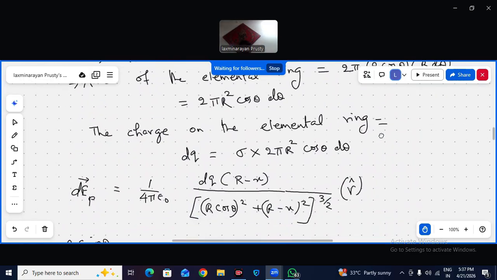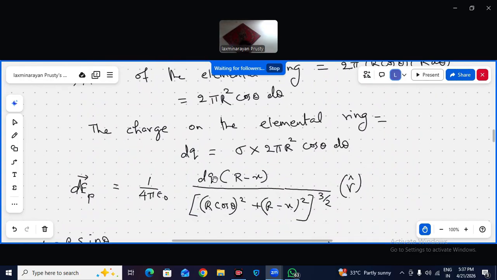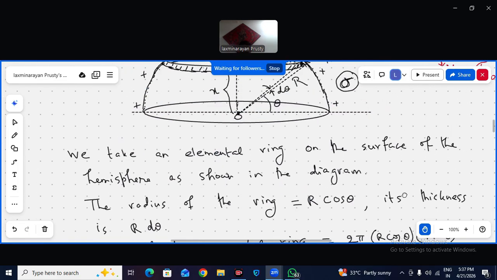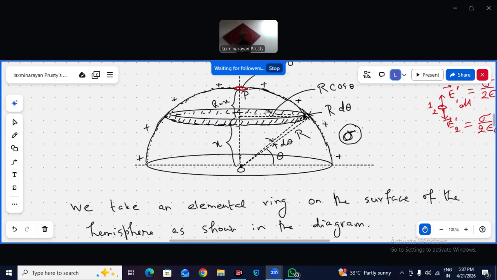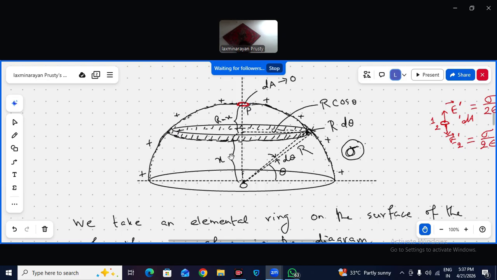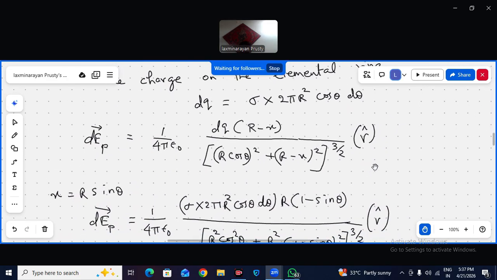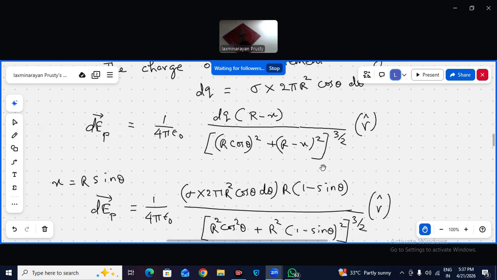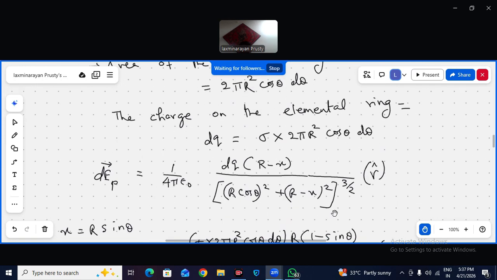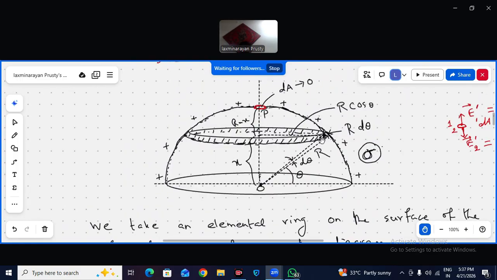So that is k dq (R minus x) divided by radius square, that is (R cos theta) square, plus x square, (R cos theta) square plus (R minus x) whole square to the power 3 by 2, है ना. तो बेसिक फॉर्मूला फॉर द फील्ड ऑफ ए रिंग ऑन द एक्सिस. But x is R sin theta. देख लो ये x क्या है, R sin theta.